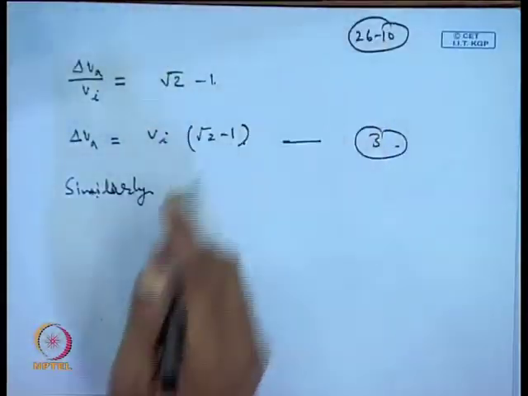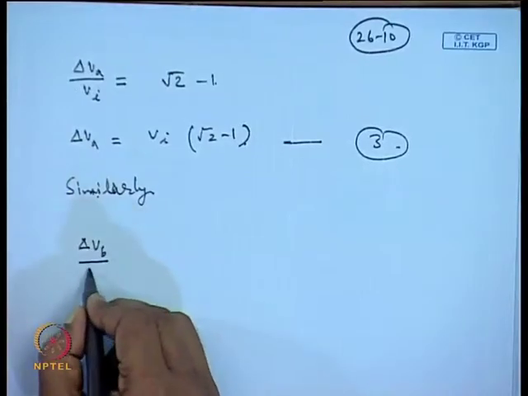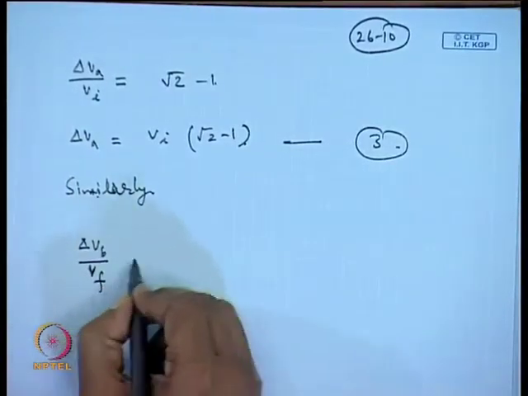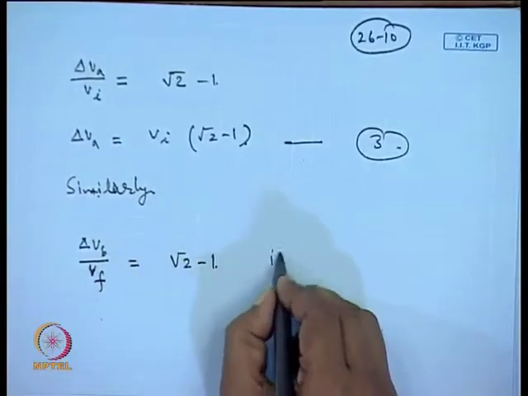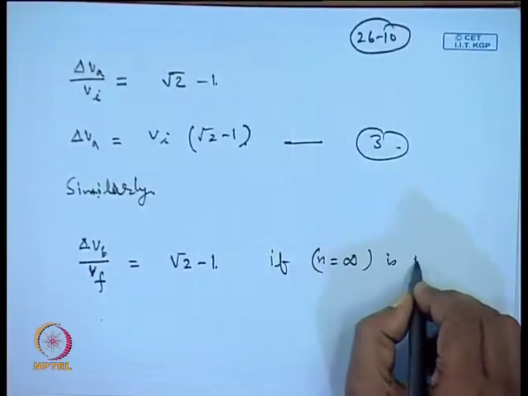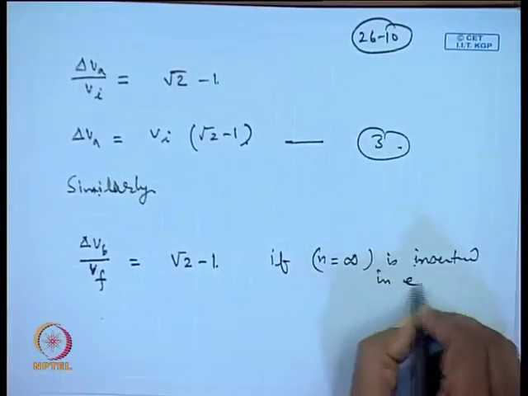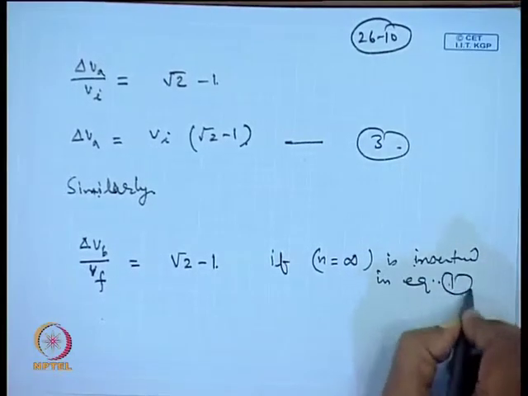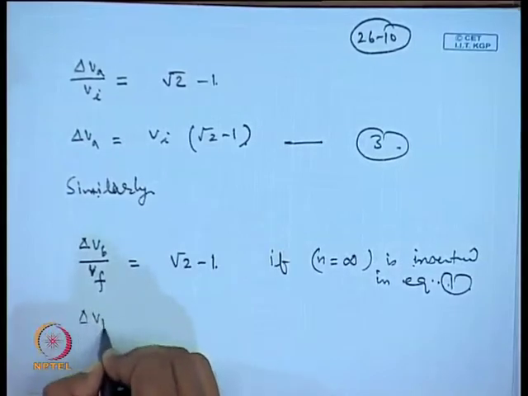So, using this equation again, delta V B by V final will be equal to root 2 minus 1 if n equal to infinity is inserted in equation 1.